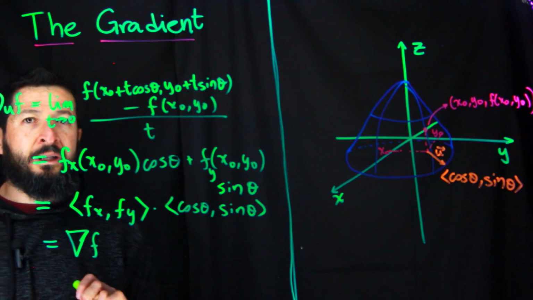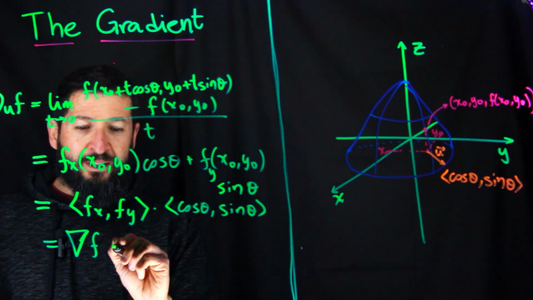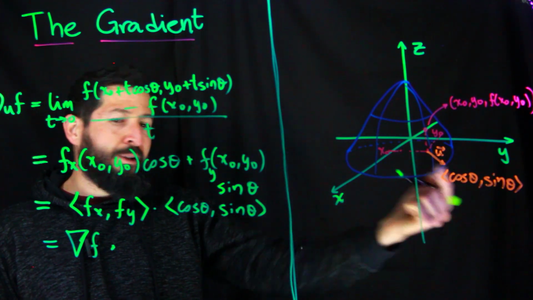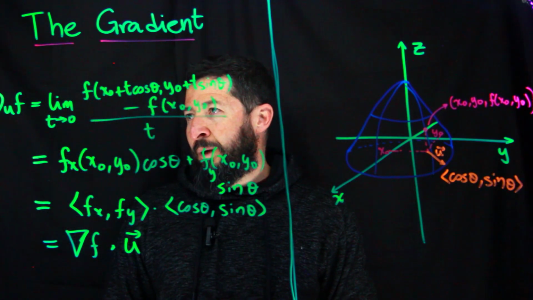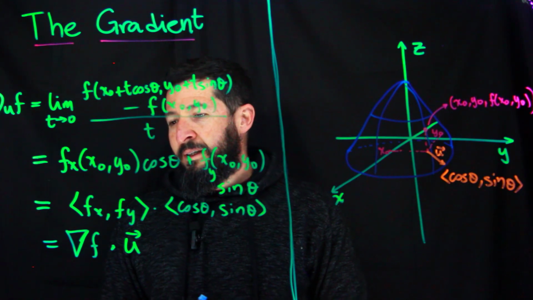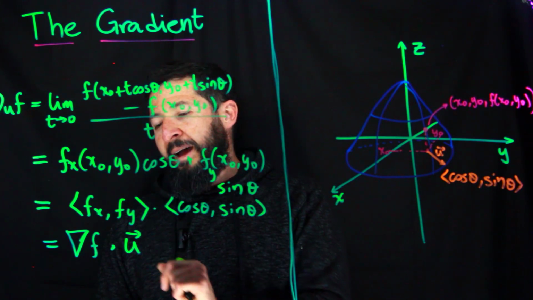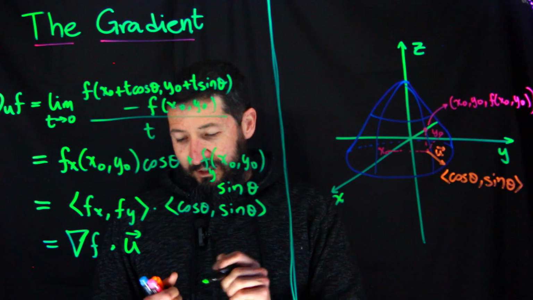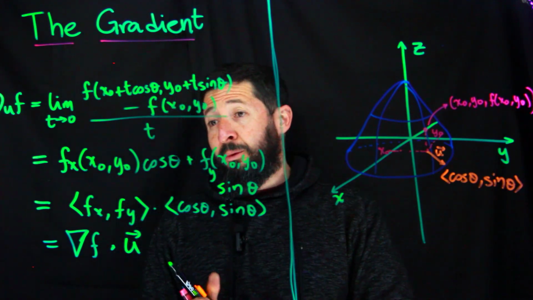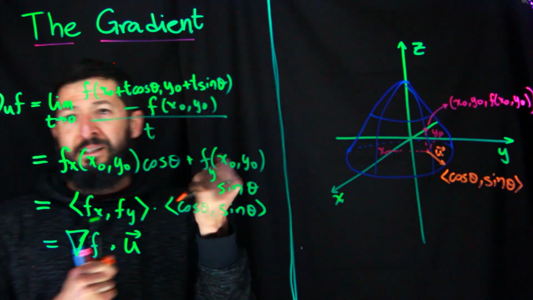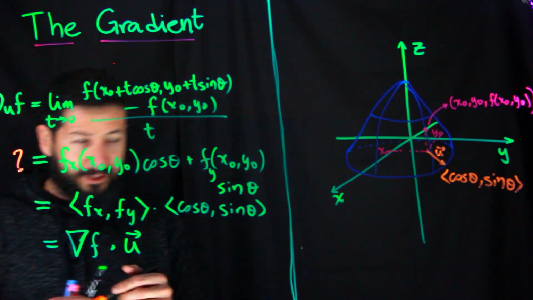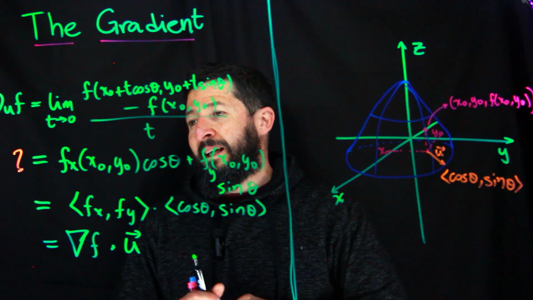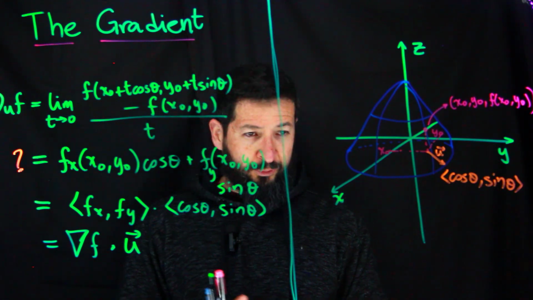This vector is going to be called the gradient of f, and this vector right here is just the vector u that I started with. So the directional derivative of f with respect to u we'll be able to write as the gradient of f dot product u. However, this one we have to prove that can be written in that form. So let's go ahead and prove that real quick.